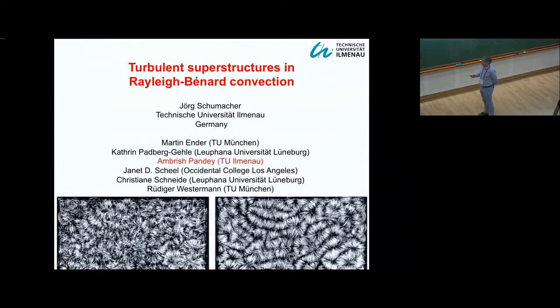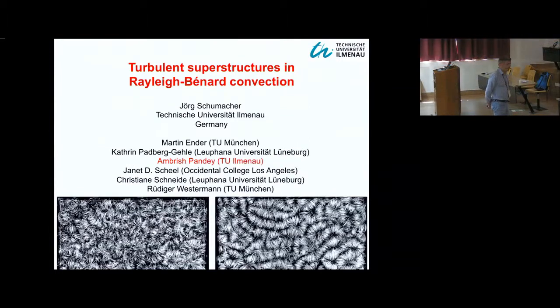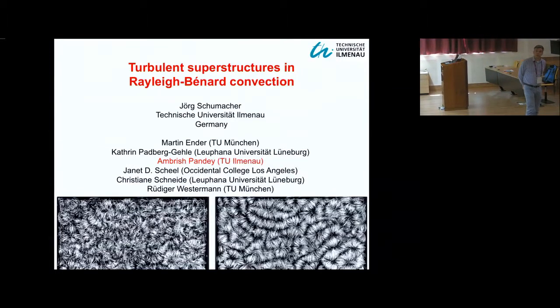Before I start, I would like to mention my collaborators in that work. These are Martin Ender and Rüdiger Westermann from the Computer Science Department at the TU in Munich. Katrin Padberg-Gehle and Christiane Schneider from the Mathematics Department in Lüneburg at the university.